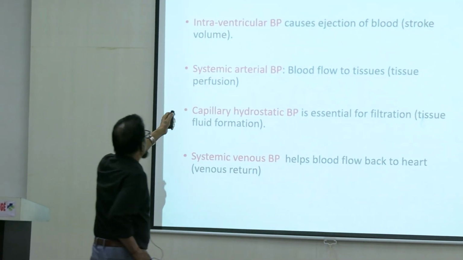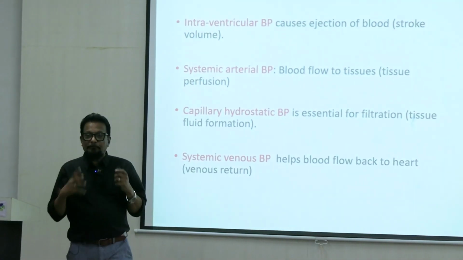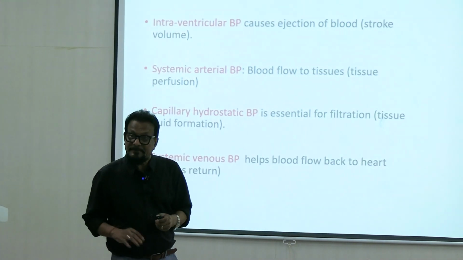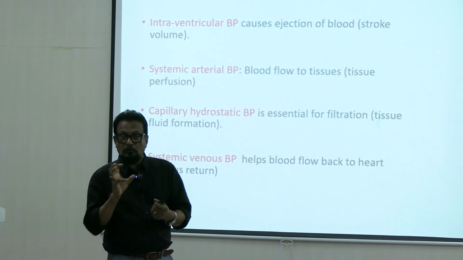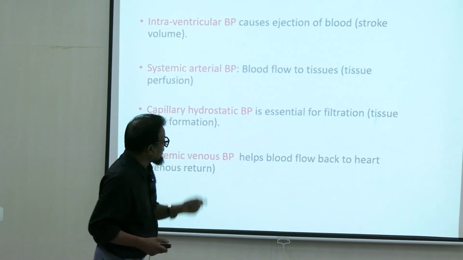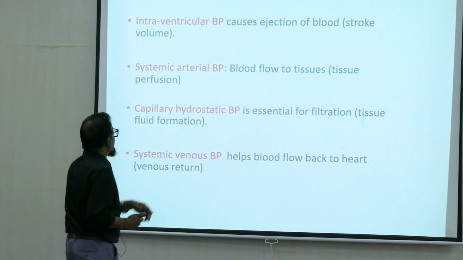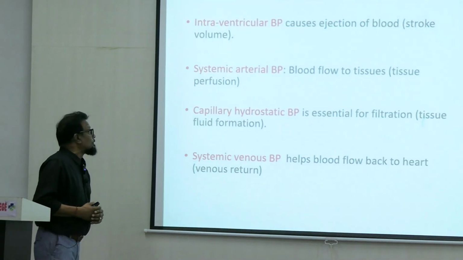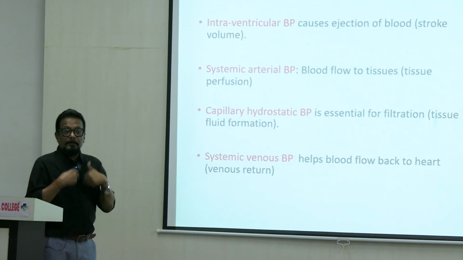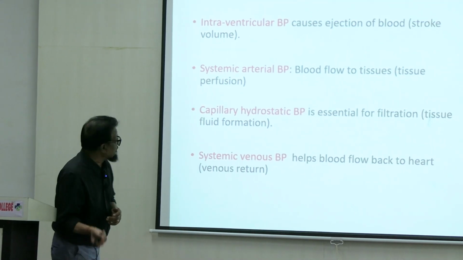See, the pressure of blood in the ventricle, because of this, stroke volume takes place. During stroke, some amount of blood comes out of the ventricle into the aorta. It is because of the pressure. And systemic arterial pressure, what does it do? It does blood flow to the tissues, means it maintains the perfusion at the tissue level.